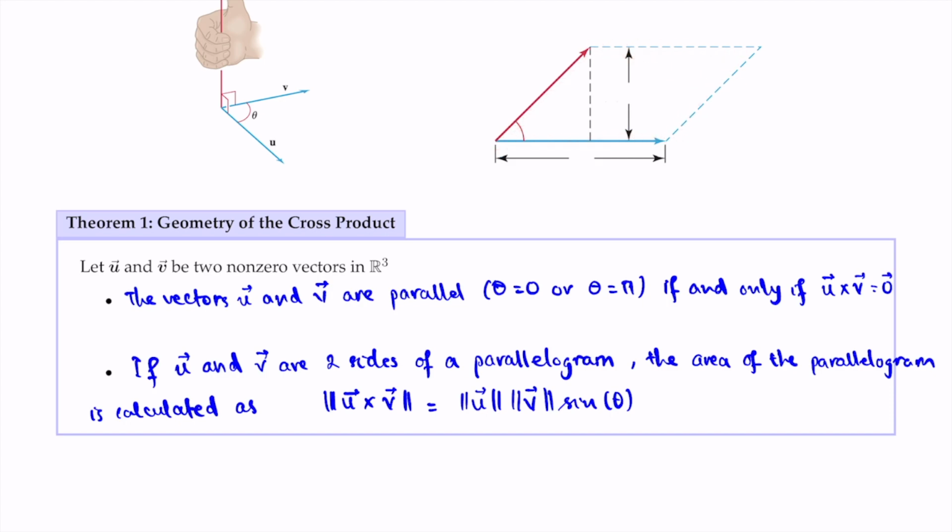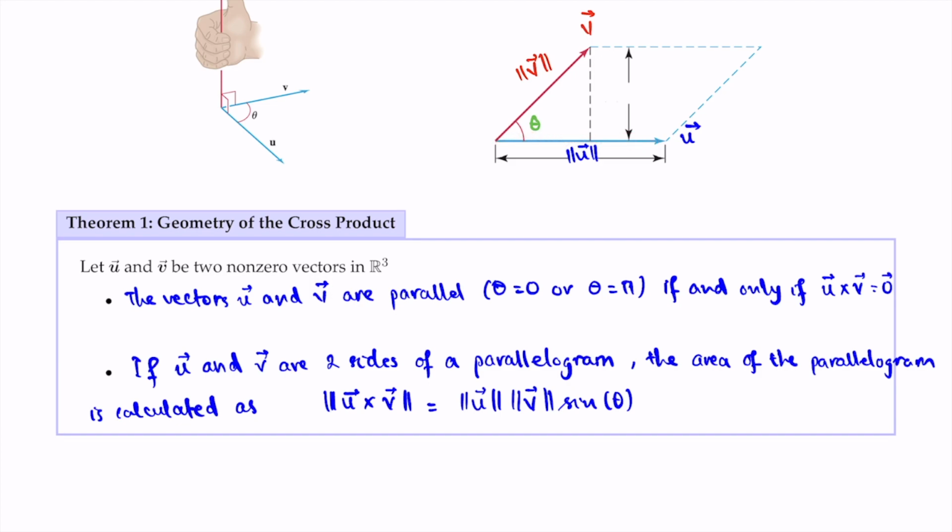So you have the vector u in this case, vector v is in red, and the magnitude of u is written like this, and the magnitude of v is here, and we call the angle between the two vectors theta. So this is the height of the parallelogram, and this is the base of the parallelogram.